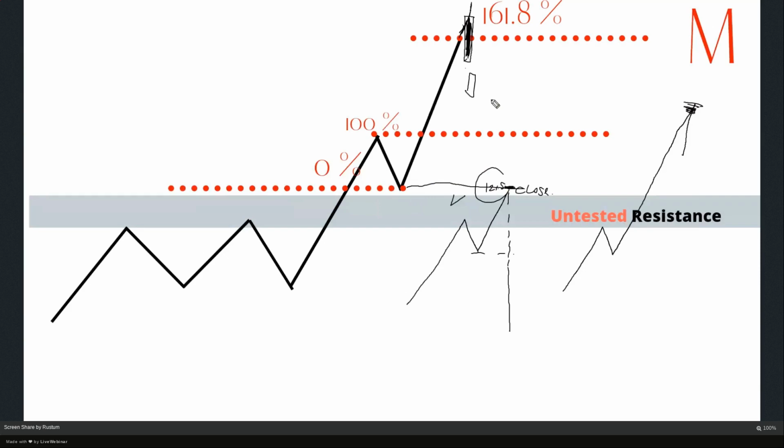So prices are in the zone, and now you're not just looking for any pattern. RSI doesn't matter about this one. We don't care about RSI. If there is an RSI there, then great. If not, then we look for the 121.8 or the 161.8.